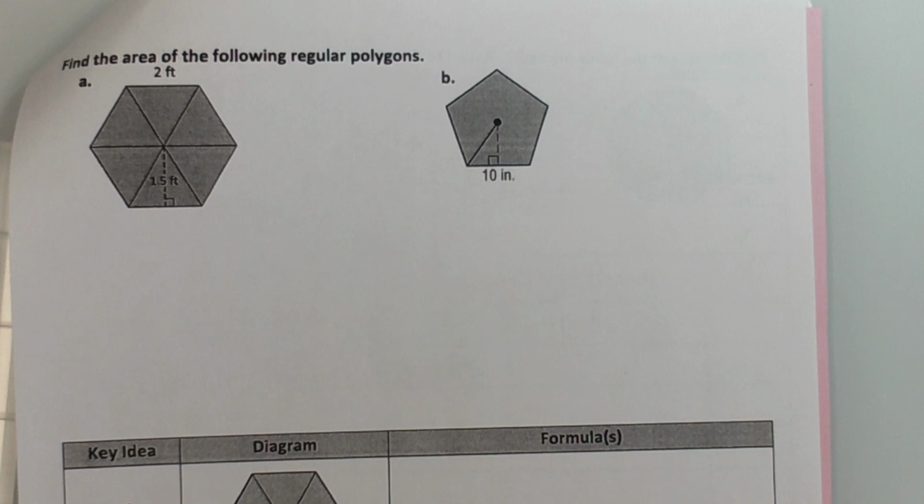Because you don't technically need the formula. Because it's made up of a bunch of congruent triangles, and you know how to find the area of a triangle. So when it comes to these, you can work with the area formula, or you can break it up into a bunch of congruent triangles.